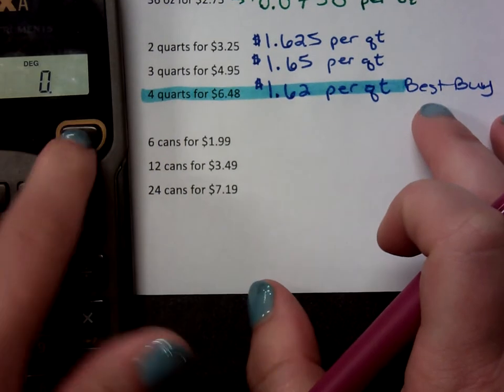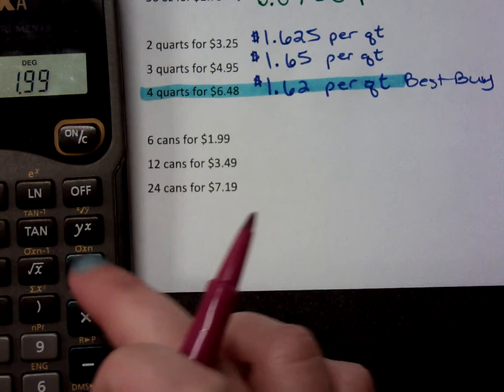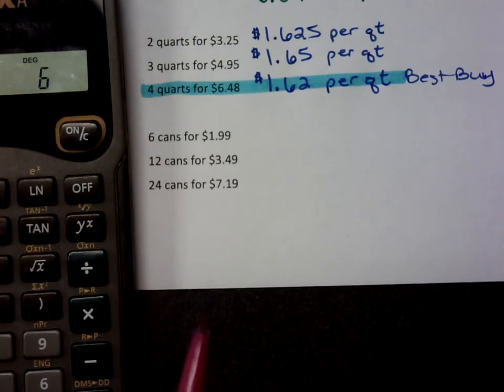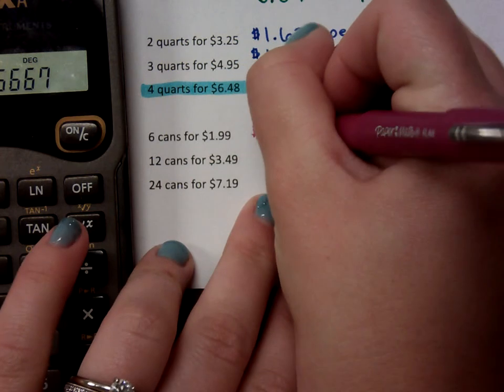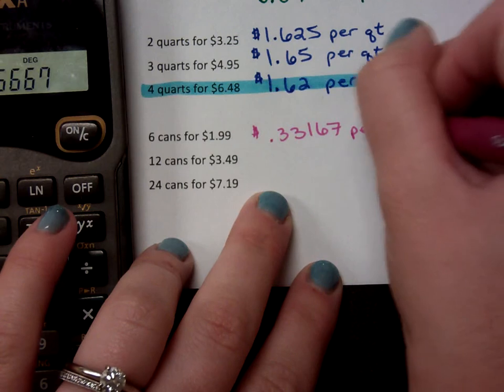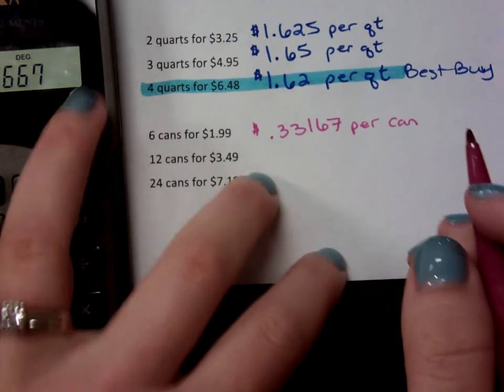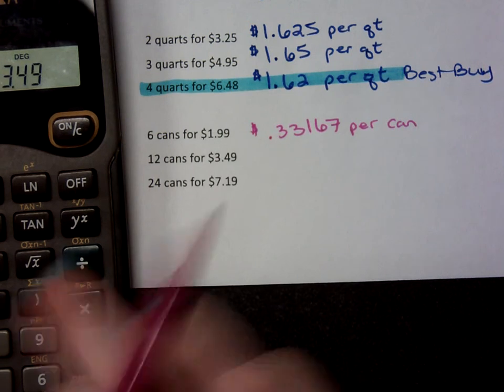So you've got 6 cans for $1.99. $1.99 divided by 6 gives us 0.33167 per can, about 33 cents per can. 12 cans for $3.49. Divide that by 12.